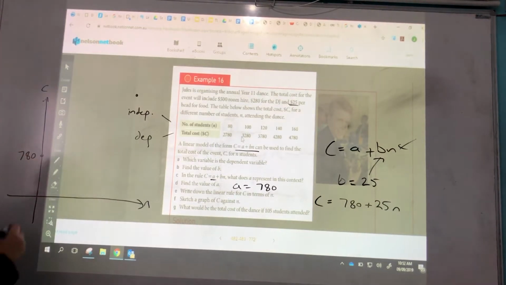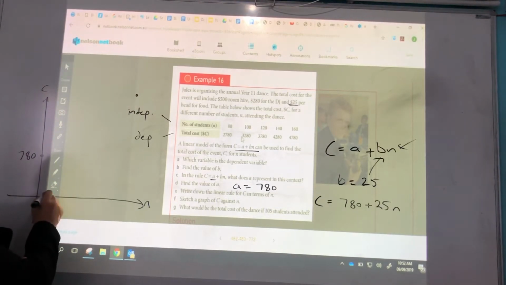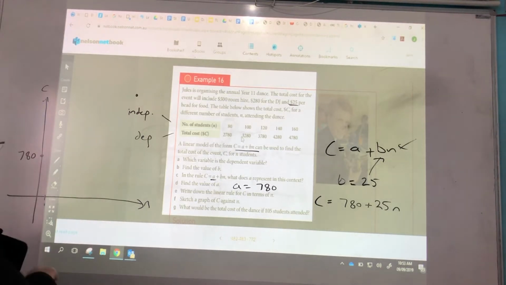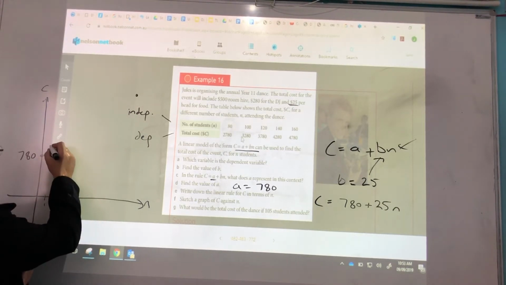Okay, now whenever I'm graphing, I just like two easy ones. So what happens if n equals 1? How does the cost change? So at 0, it's 780. What does it cost if only one person turns up? It's going to be 780 plus the food, which is, someone's going to say 805.